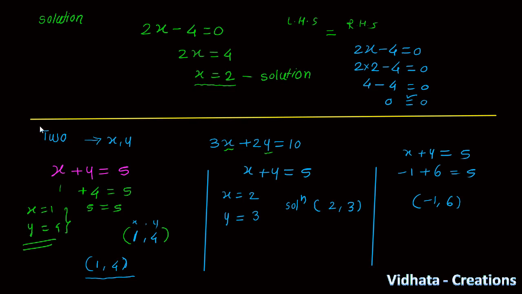But whenever there is a linear equation in two variables, a single equation can have infinitely many different solutions. Okay, so this is the difference between the solution of a linear equation in one variable and a linear equation in two variables.